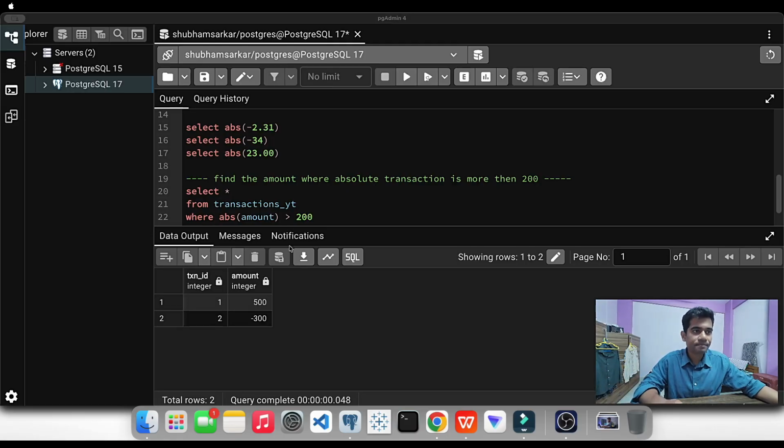So that's the thing. Right now let's take one more example. Sometimes a stakeholder asks you, we expected an amount of 1000, but the actual amount was 850, so find the difference.